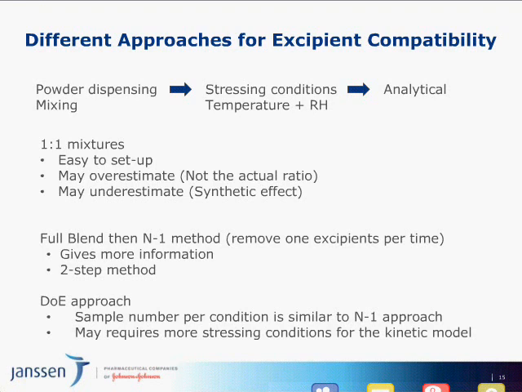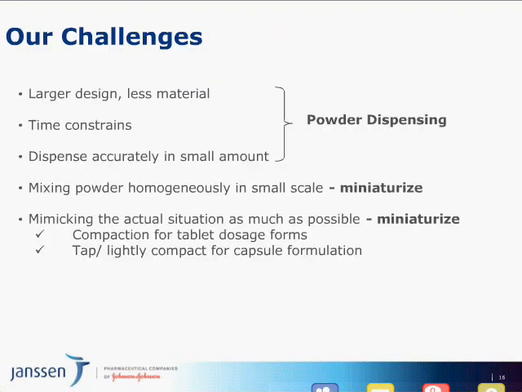This is like going to the lottery, whether you are going to get the blend working or not working. This is mainly because we are facing problems with powder dispensing. In the early stage, you are not going to get a lot of material. The whole department is going to get like 10 grams. In the end, we have to use less material, and we also have time constraints.